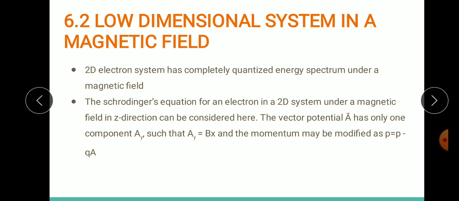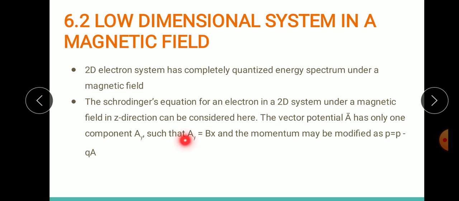Here we are considering a magnetic field in the z direction. Now our vector potential A bar actually has components in the x and y direction because it represents your electron. But we assume that the vector A bar has only one component, and is not dependent on its y coordinate.